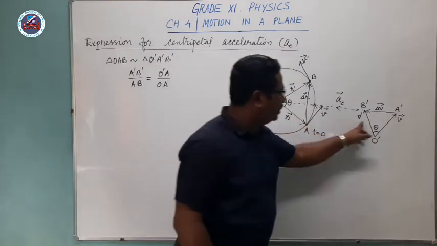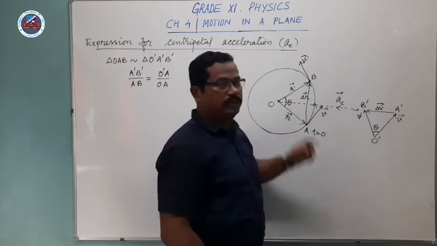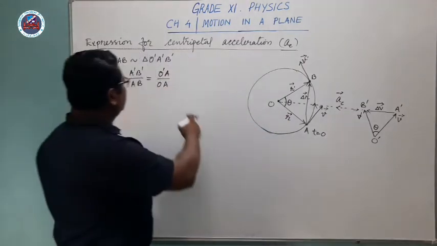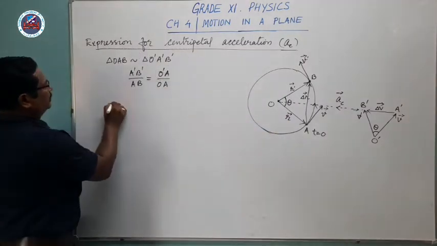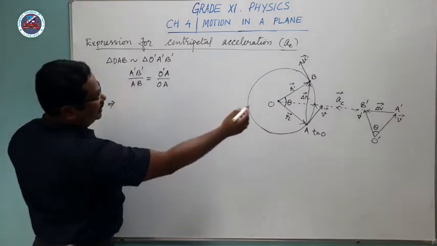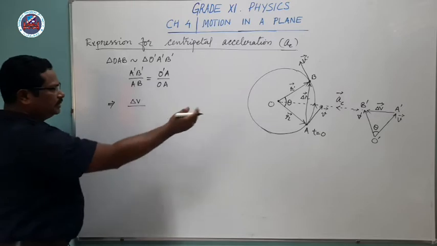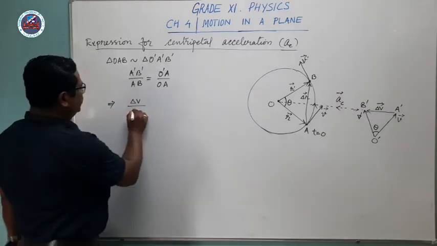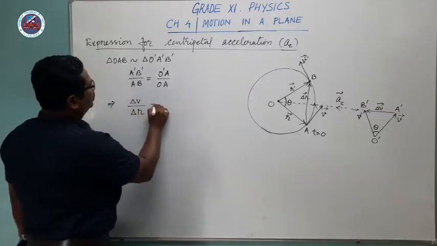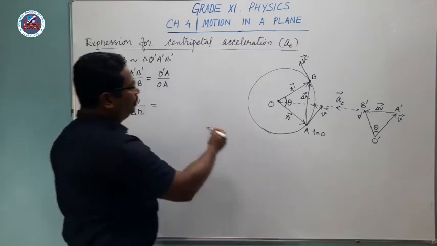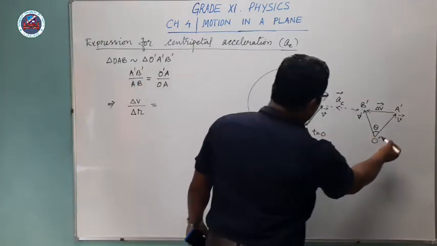These two are equal, these two are also equal, so the value will remain the same. So the dash part I am not taking. Then it will come out like this. What is A dash B dash? Then write delta v. I am doing it in scalar form, divided by delta r is equal to A dash O.